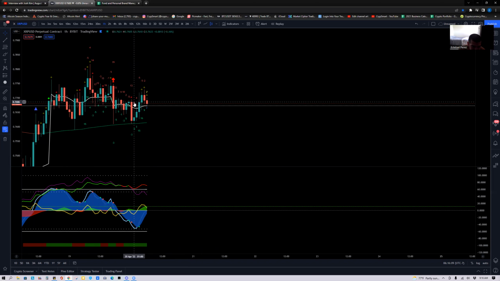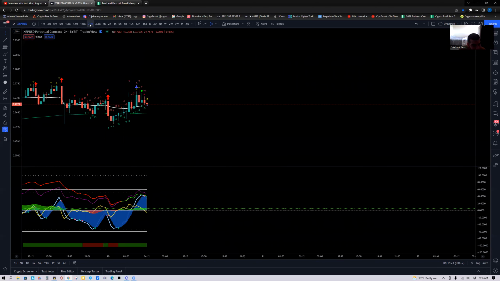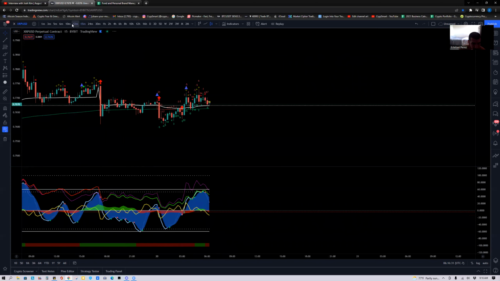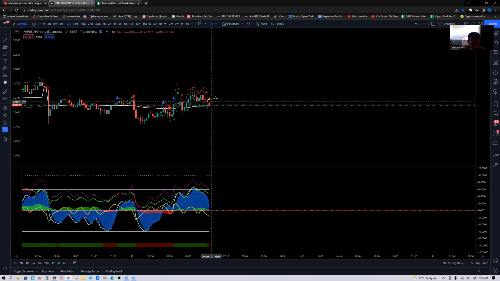Could it be creating support here? Overall still sell bias, overall sell bias from the shorter time frame.